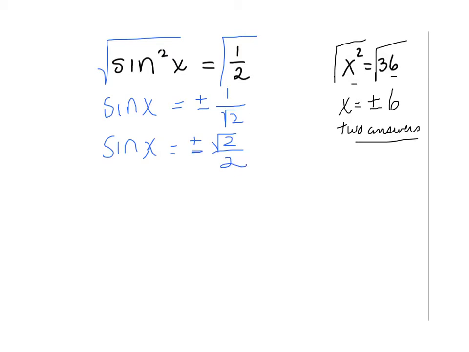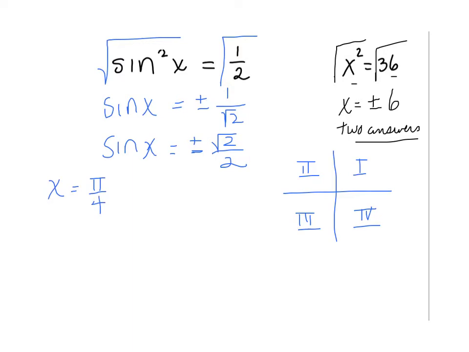So this particular answer is going to have an angle in all four quadrants, where sine is positive and where sine is negative. So I want the angle in all four quadrants. Well, the angle in the first quadrant for the sine of x equal to square root of 2 over 2 is going to be pi over 4.